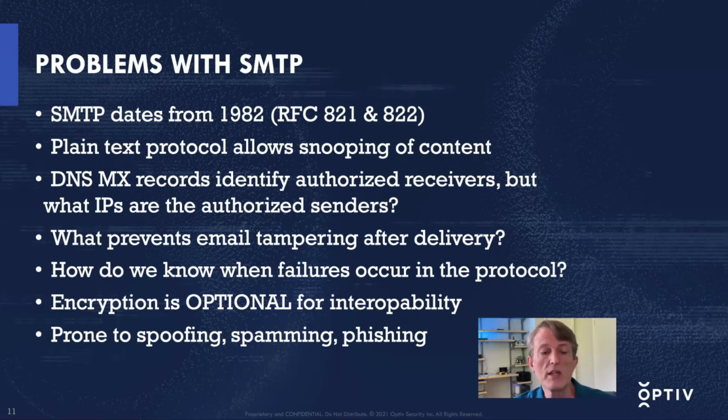But there's no DNS record, or there wasn't at that time, to say who was the authorized sender. Now, back in the early days of the internet, in most cases, those would probably have been the same server because people had simple configurations. But that is almost never the case these days.